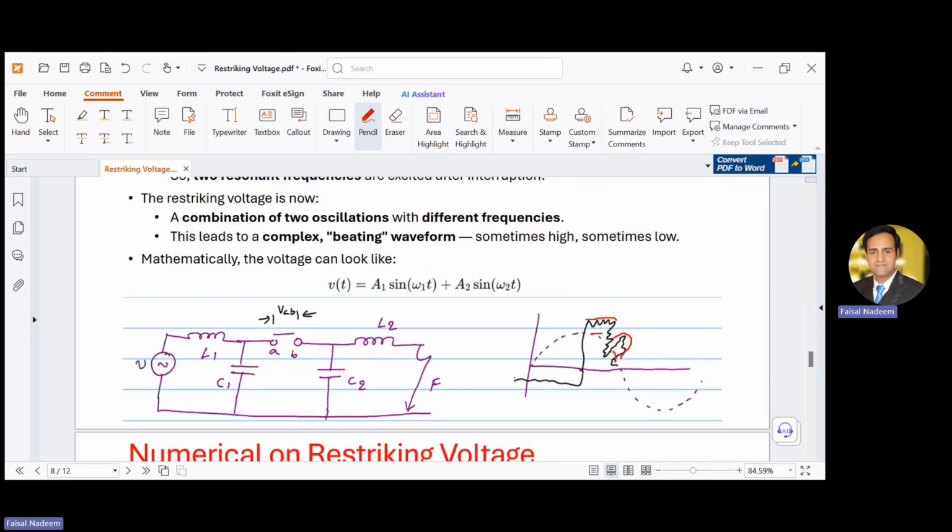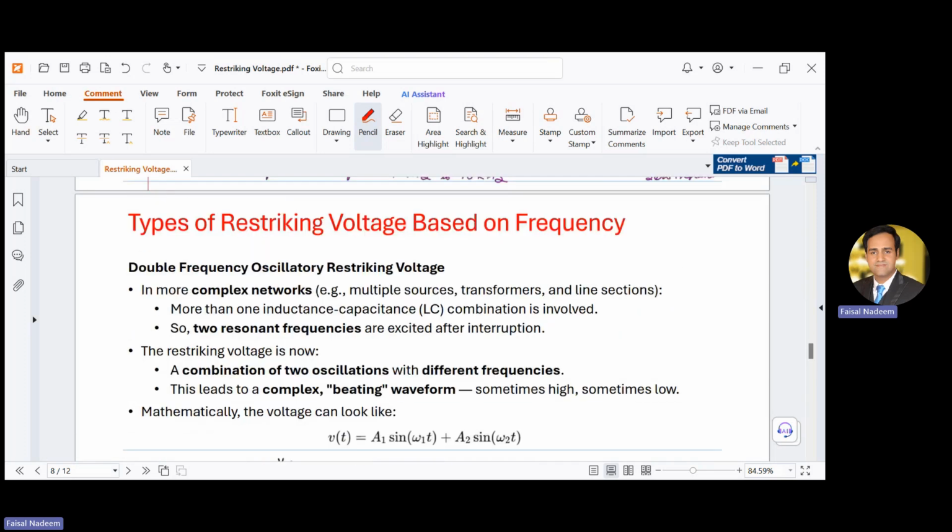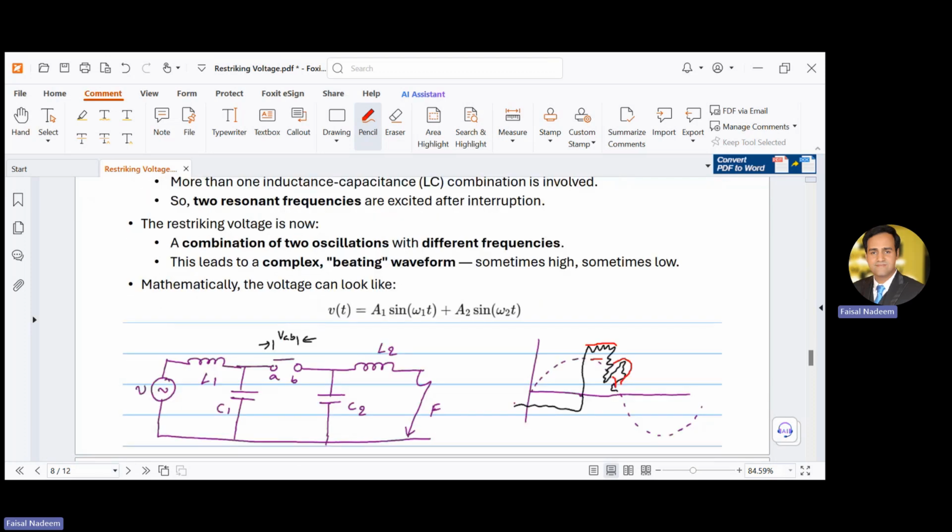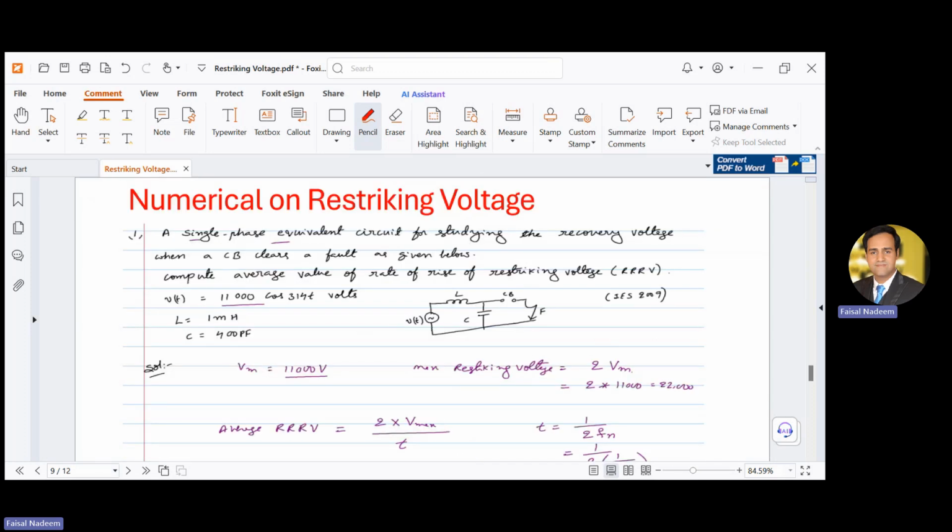They have their own uses. However, the double frequency oscillatory restriking voltage is much more complex and difficult to understand compared to the single frequency one. Now we will discuss two numericals on restriking voltage.